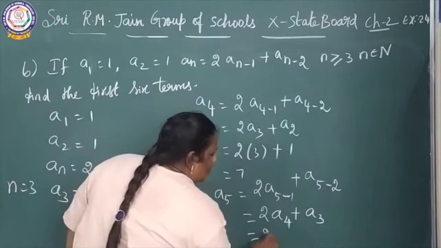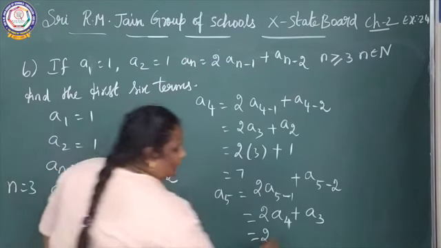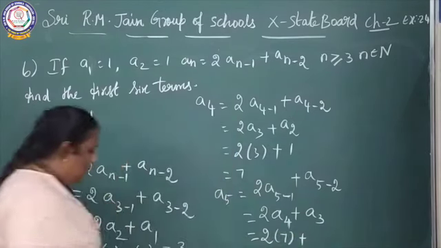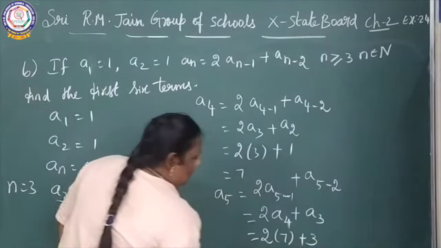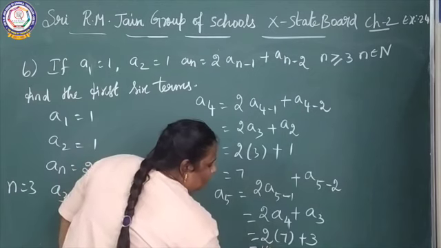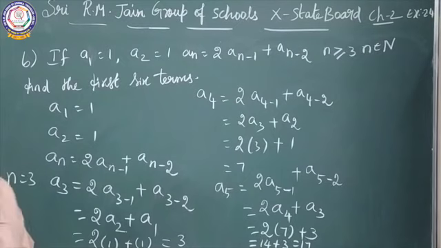It gives 2 into A4. The A4 value is 7. What is the A3 value? 3. So 14 plus 3 gives 17. 14 plus 3 is 17.